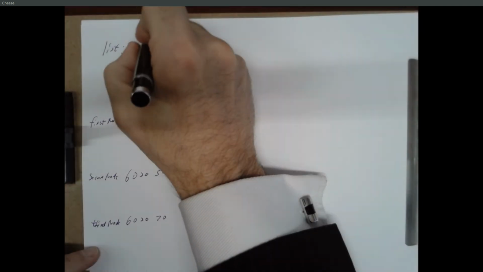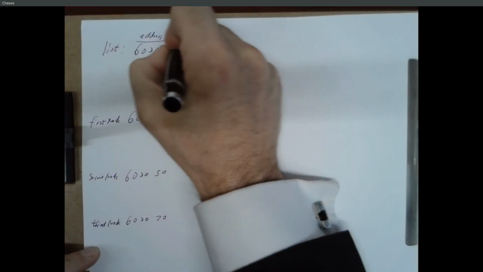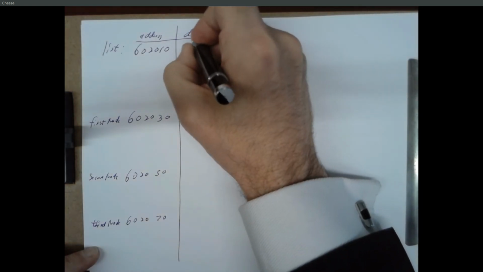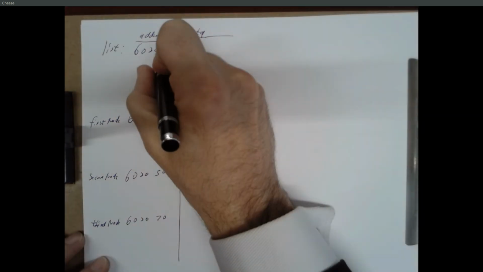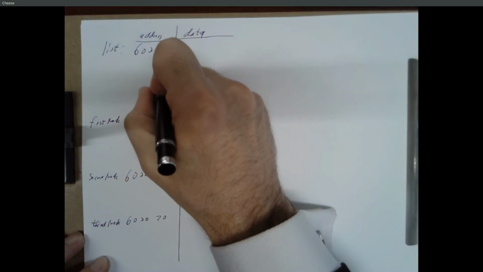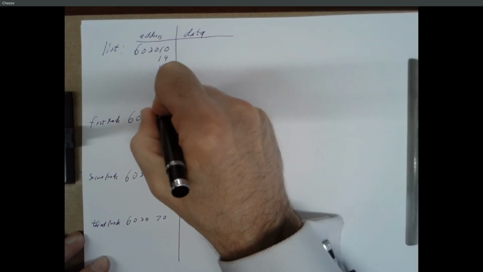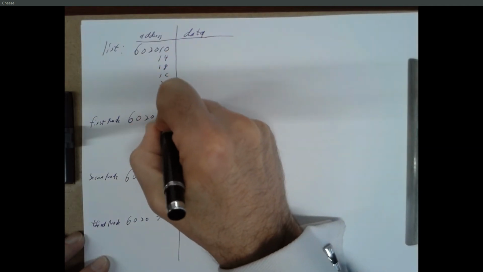So what I'm doing over here is I'm building a memory map. So these are addresses. And we're going to, did I leave enough space? So 10, 14, 18, 1C, 20, 24, 28, 2C.